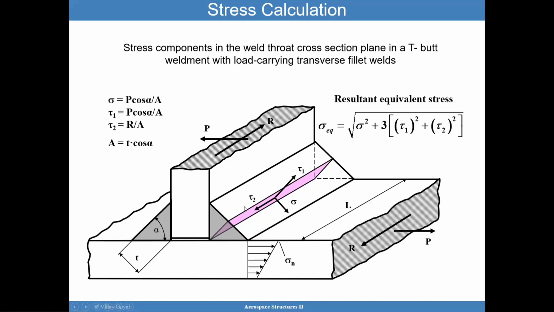And so the normal stress to that plane is simply P times cosine alpha, where alpha is the angle of the fillet, and we're going to divide that by A. And A here is T times cosine alpha. We also have to define the shears tau 1 and tau 2. After you calculate this, you get a resultant equivalent stress. Now this R here is a shear load in this direction, and the area we're talking about is this purple one here. There's also a mistake. This should be T divided by cosine alpha.